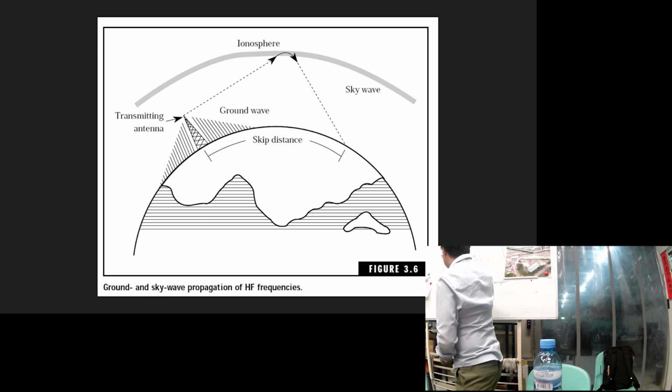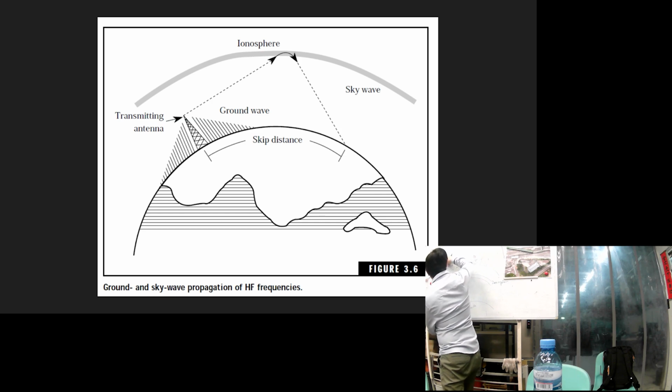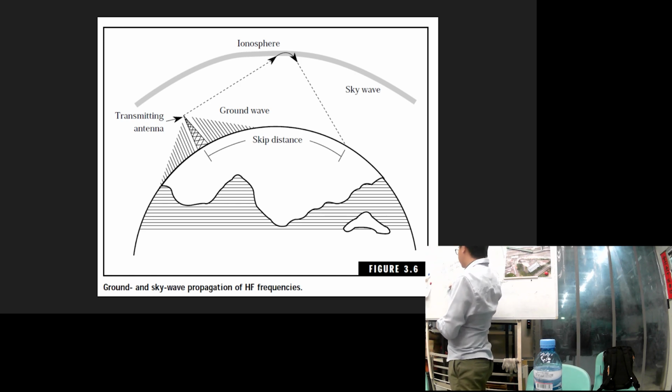I emit towards the ionosphere, right? Actually, the measurement is not like this. The measurement is from here.